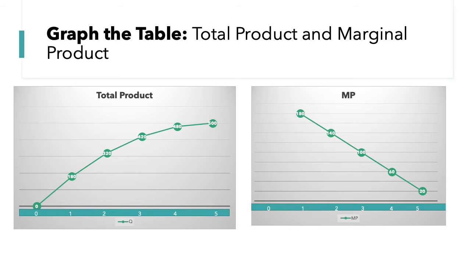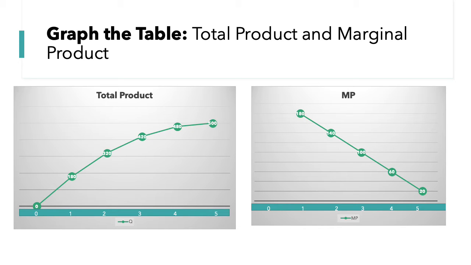And notice as the workers increase, the total product curve initially starts off with a steep slope, but gets flatter and flatter and flatter. Eventually, there will come a point where an additional barista will actually decrease the total product or total output for that firm, right? This is obviously a situation of too many workers with not enough tools.